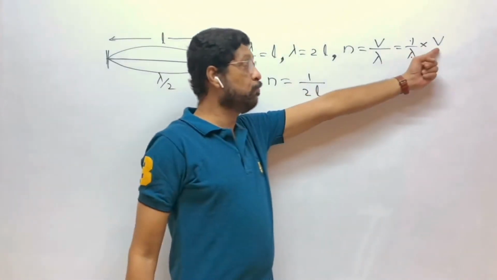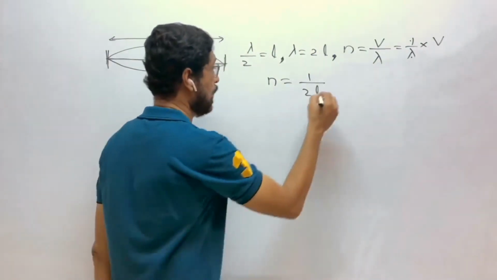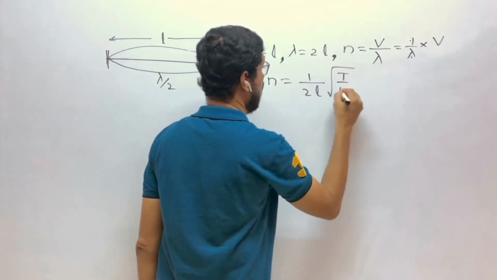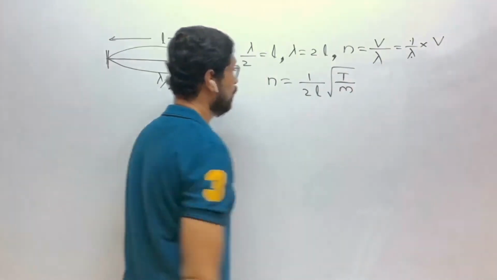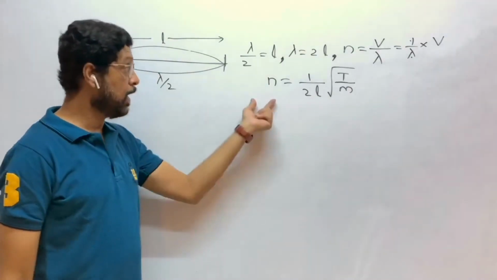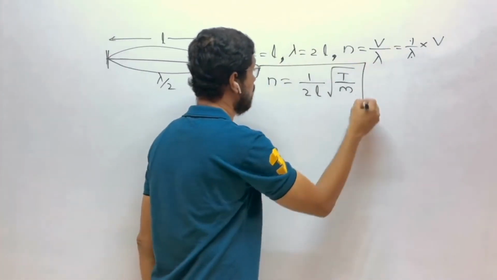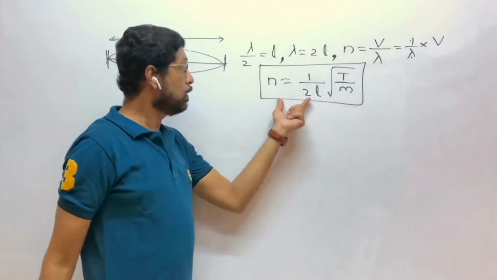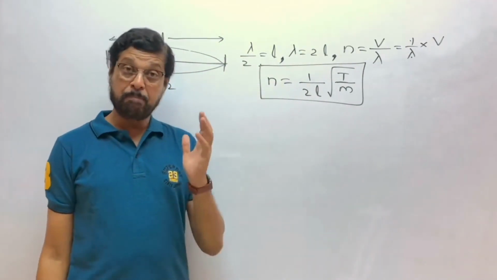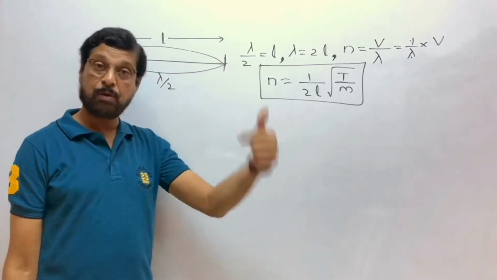And what is V? Velocity of transverse wave on a string, under root T by M. So the frequency of vibration of the string N is equal to 1 upon 2L under root T by M. This is the minimum frequency with which the string can vibrate.